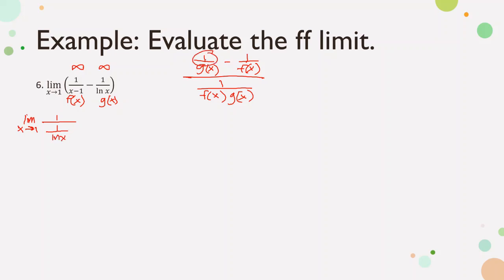So this is already over 1 and our g of x is 1 over ln x. So we have to put it all over that with 1 over ln x. Minus 1 all over 1 over x minus 1, all over 1 over x minus 1 times 1 over ln x. So this is already the altered equation that we have. Now let's just erase this one.